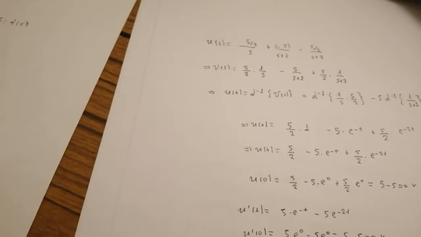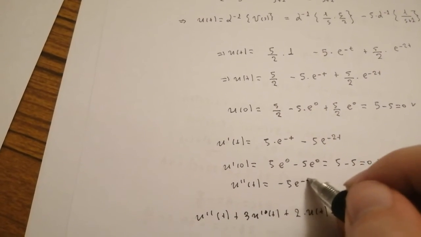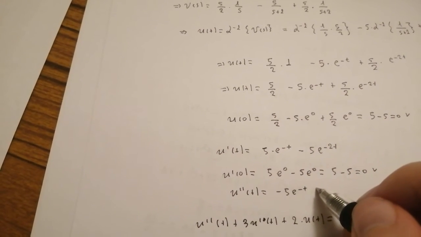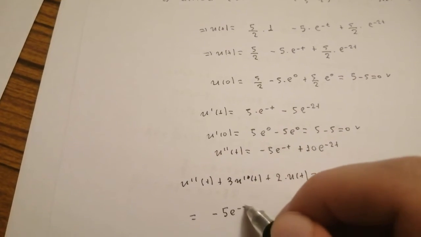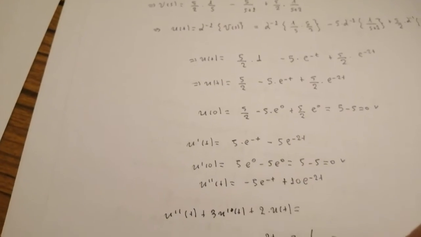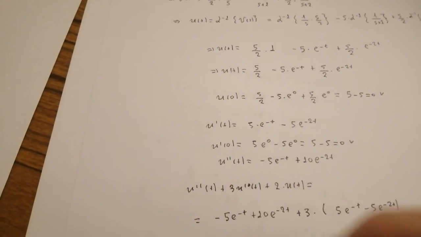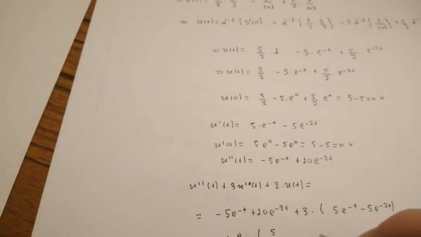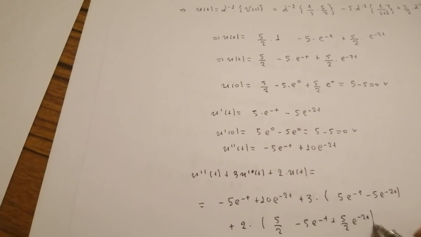The second derivative should be minus 5 e to the minus t plus 10 e to the minus 2t. So I just substitute: this is minus 5 e to the minus t plus 10 e to the minus 2t, plus 3 times u prime, which is 5 e to the minus t minus 5 e to the minus 2t, plus 2 times u of t, which is 5 over 2 minus 5 e to the minus t plus 5 over 2 e to the minus 2t.